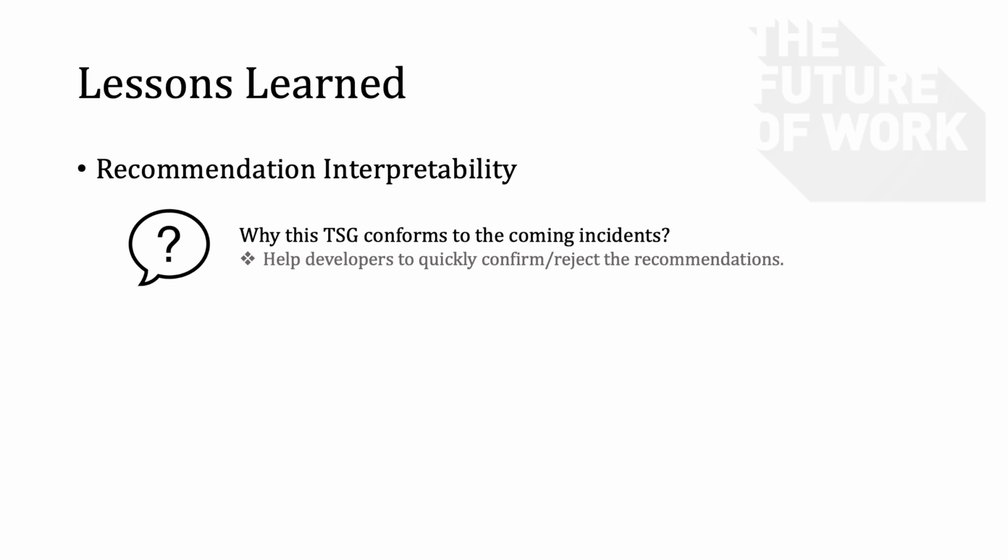According to our empirical analysis and experimental results, we also learned some lessons that I want to share for future research. First, the current recommendation only provides the ranking result, lacking sufficient interpretable information for engineers to decide whether the recommended TSG is correct or not.